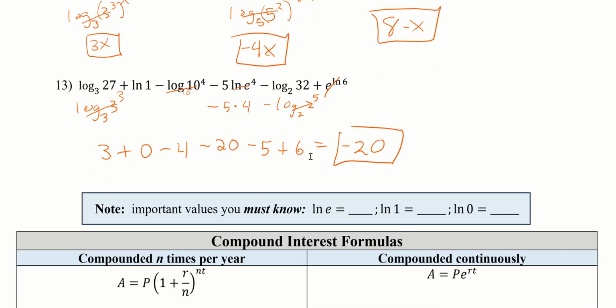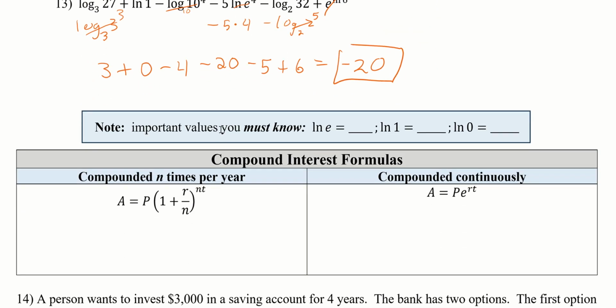Nice. Okay, so a few important values, you must know these ones. These ones you see a bunch. So these guys cancel right here. And again, what are you looking for? The exponent. And so the exponent in this case is just 1. So ln e is just 1.